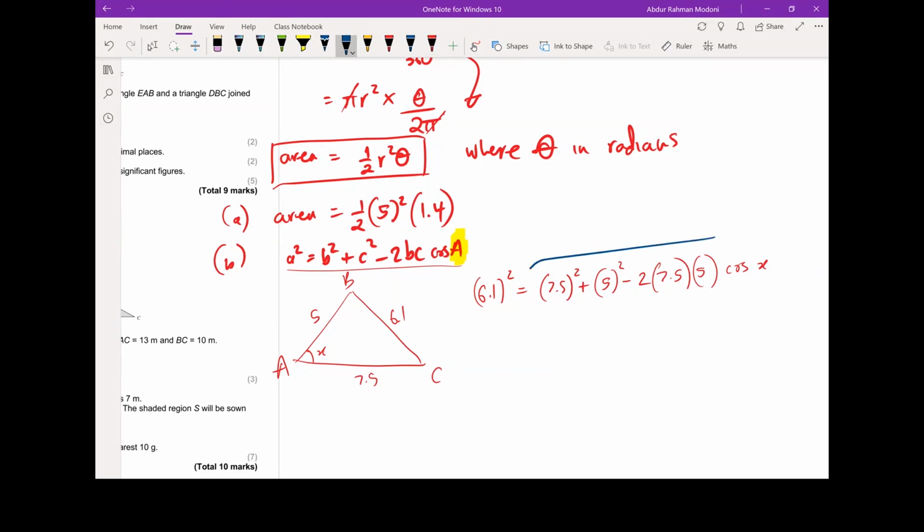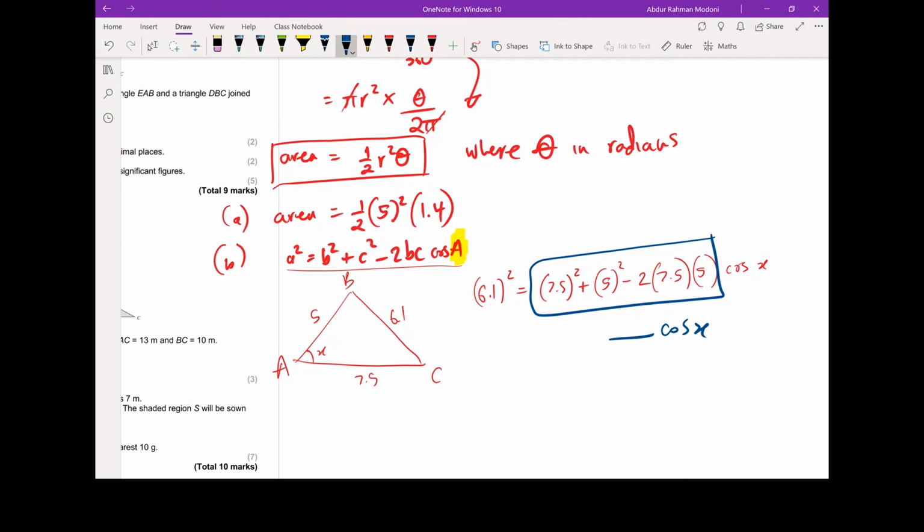Students will work this all out together. They'll do 7.5 squared plus 5 squared minus 2 times 7.5 times 5 to simplify that. Can you see what the mistake is there? Anyone write down what the mistake is? If we type that all in the calculator, students simplify that and they get a number, and they then write down that number and then write down cos x.